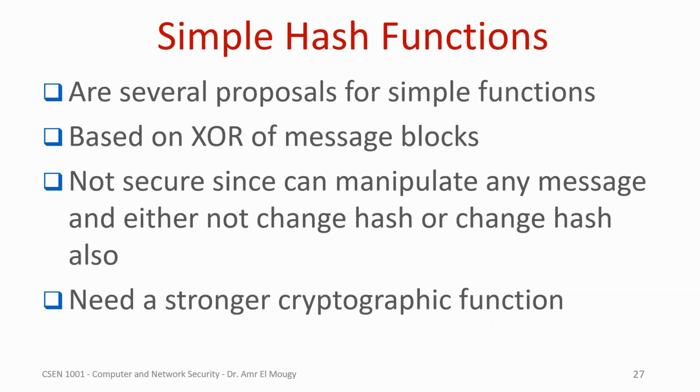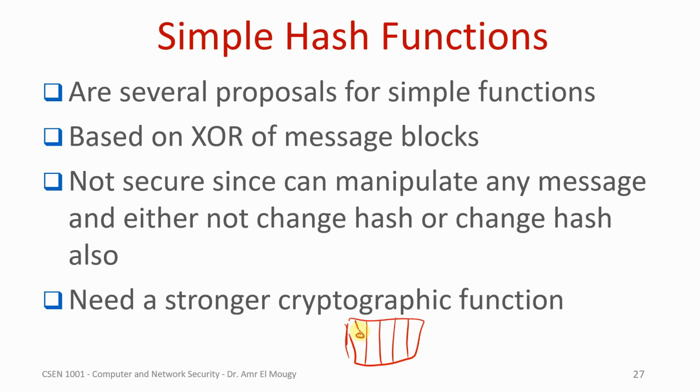Before we see why, I will give you an example of a ridiculously simple hash function, just to see why it is not very easy to design a secure hash function. Let us say that our hash function is just the XOR. So you take as input the message and you divide the message into columns. The message is in bits.